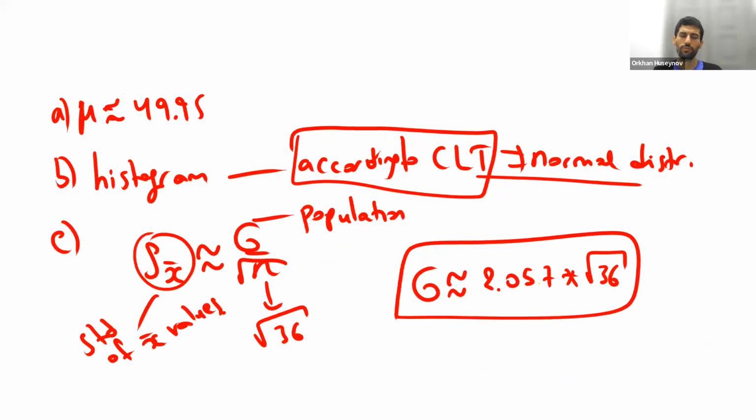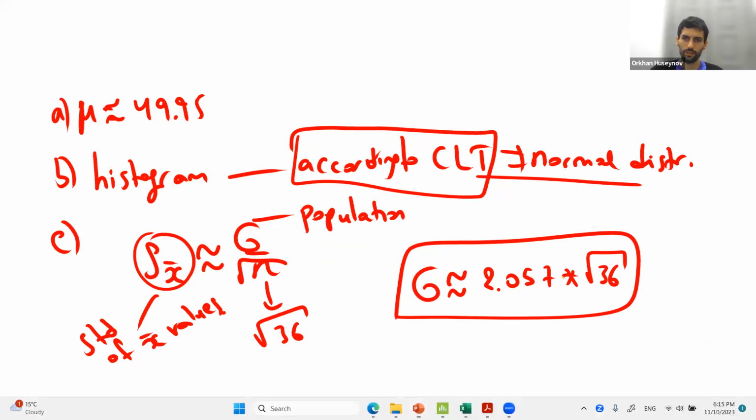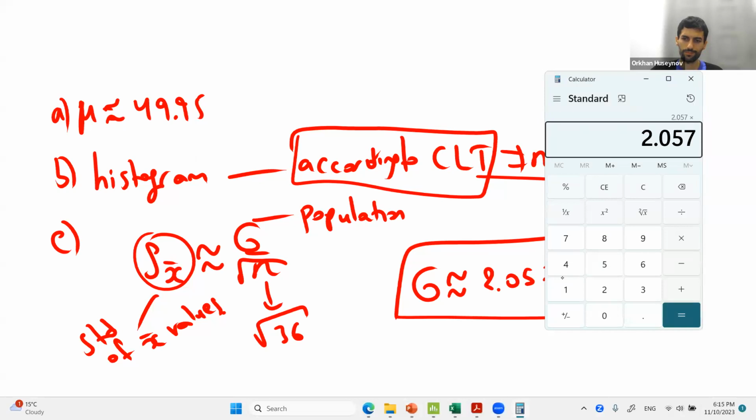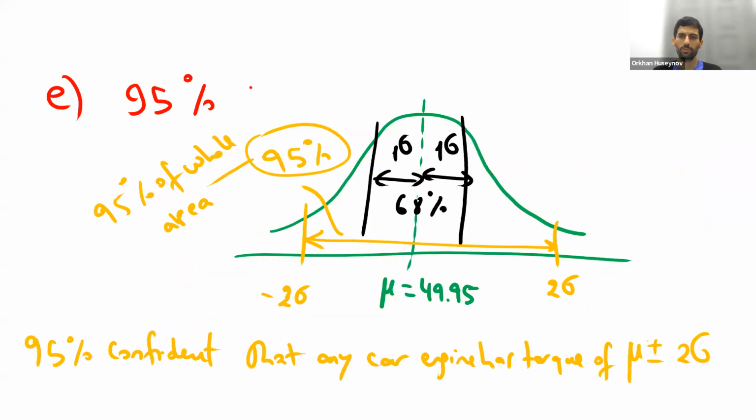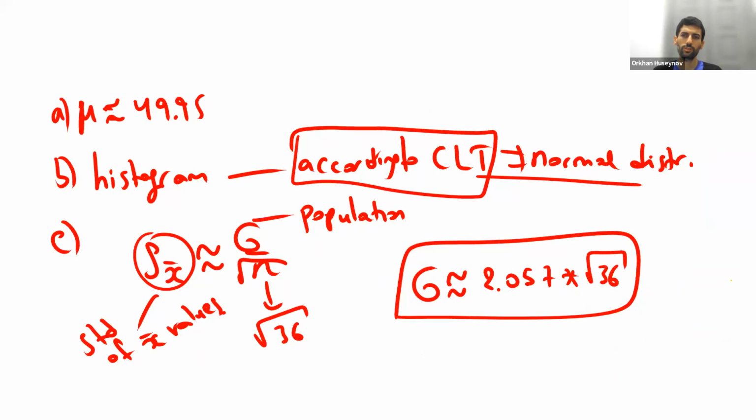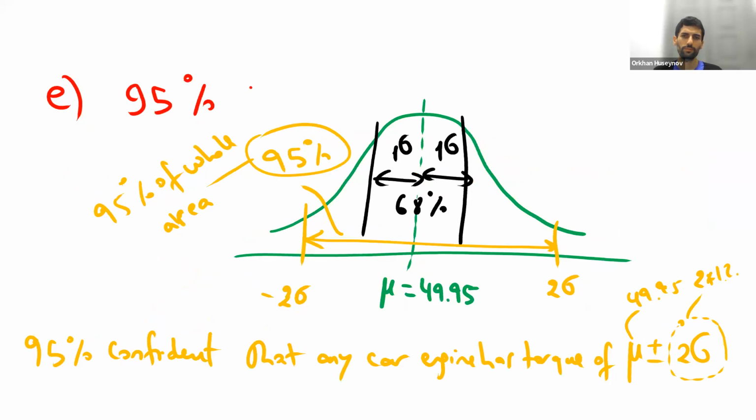So it is 2.057 times the square root of 36. It is 12.3. So it will be that the mu value is 49.95, and this part is 2 times 12.3.